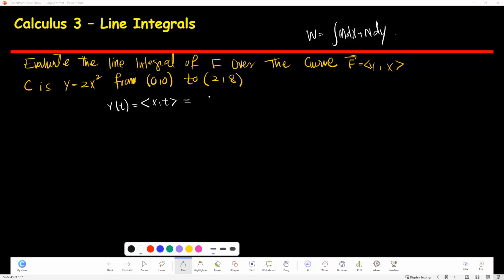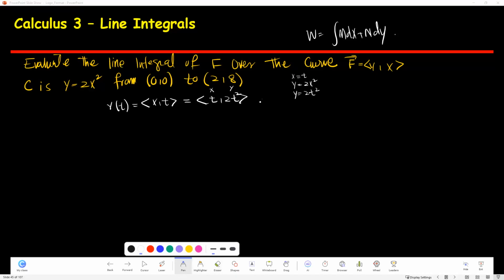So x equals t, y equals 2x squared, so y equals 2t squared. So I can write like this: t, 2t squared. That is my x, that is my y. And t is going to be going from 0 to 2 this time.